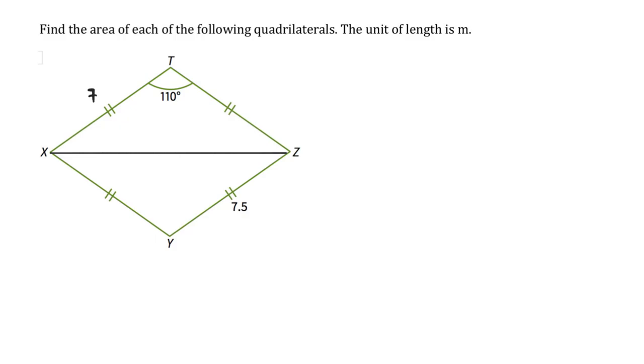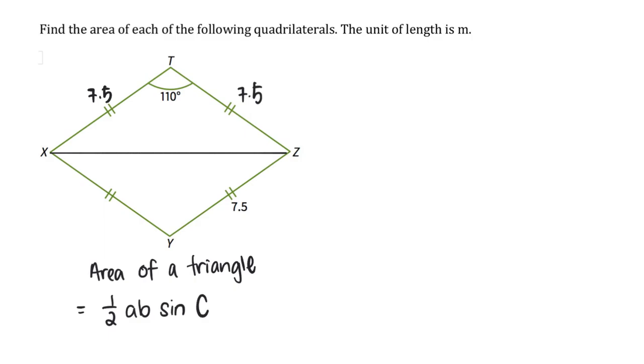this will then be 7.5, 7.5. And then we are also given the area of a triangle is equals to half times A times B times sine of angle C, whereby this is the configuration.